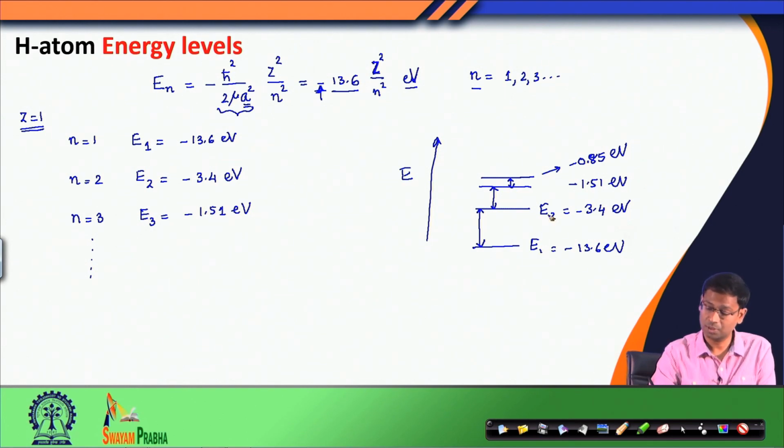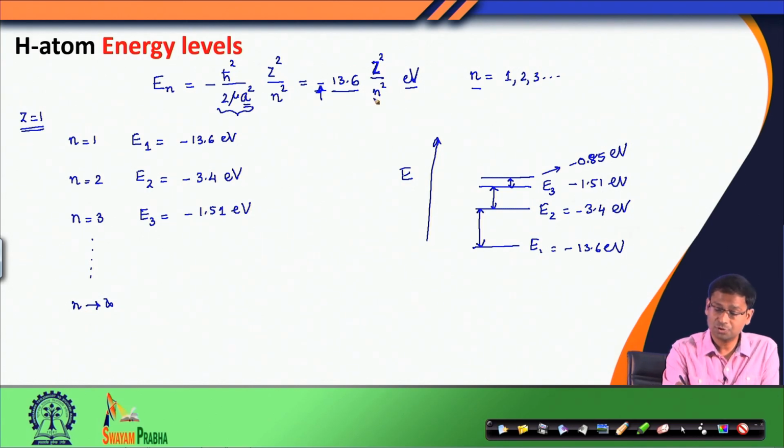So, this is n is 1, 2, n is 3, and so on. As we increase n, of course, the energy is increasing, but the spacing between two consecutive energy levels is decreasing. Now, imagine the case where n is very large, or in the limit n goes to infinity.